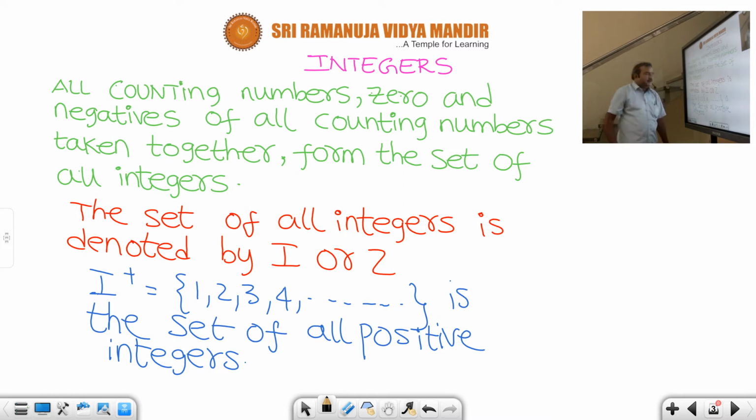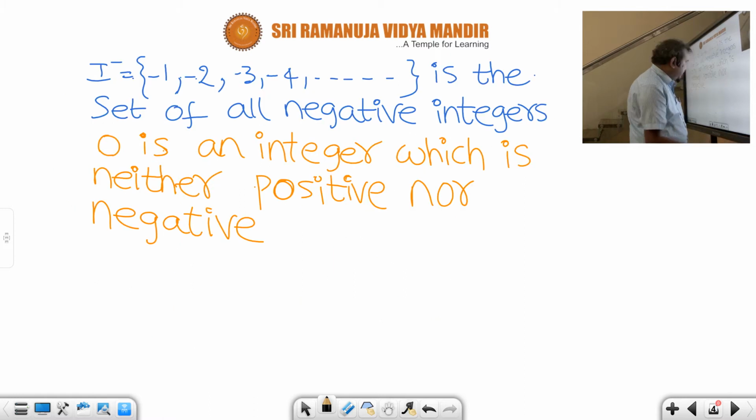Okay, see here, I plus means the set of positive integers. The set of positive integers means 1, 2, 3, 4 and so on. It represents the set of all positive integers. Next, the set of negative integers.